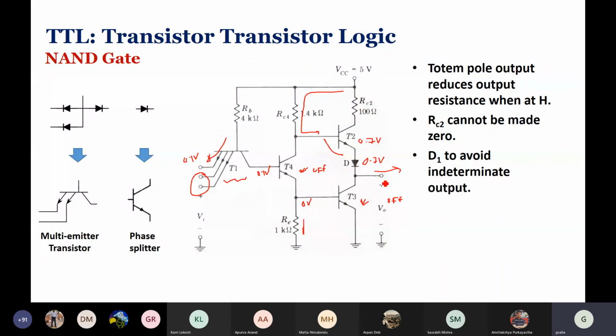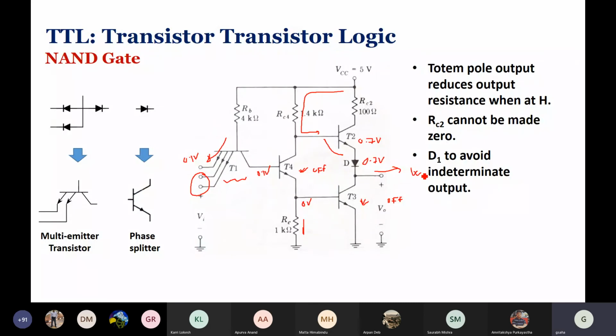So when that is the case, 5 minus whatever drop occurs through this path, that is IC RC2, then VCE, that is 0.1 or 0.2 volt, and 0.7 volt, that will occur at the output.